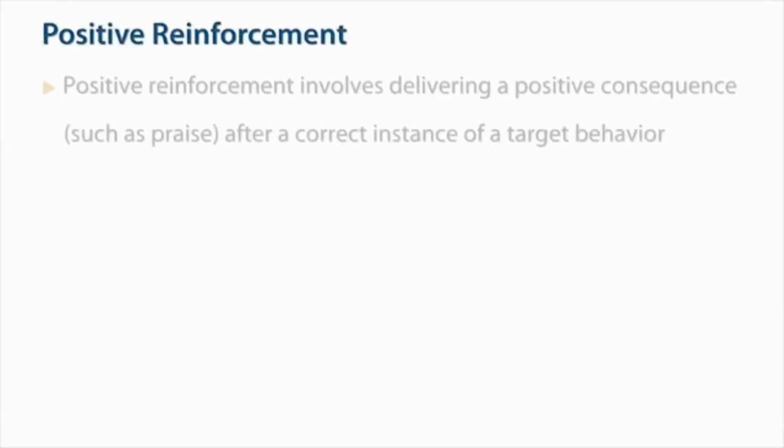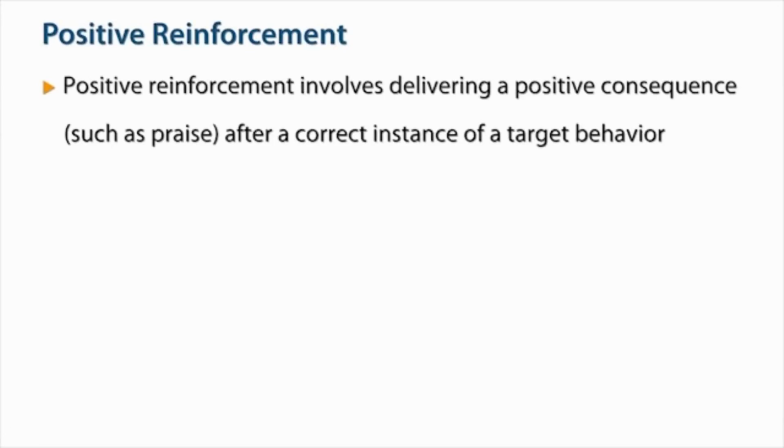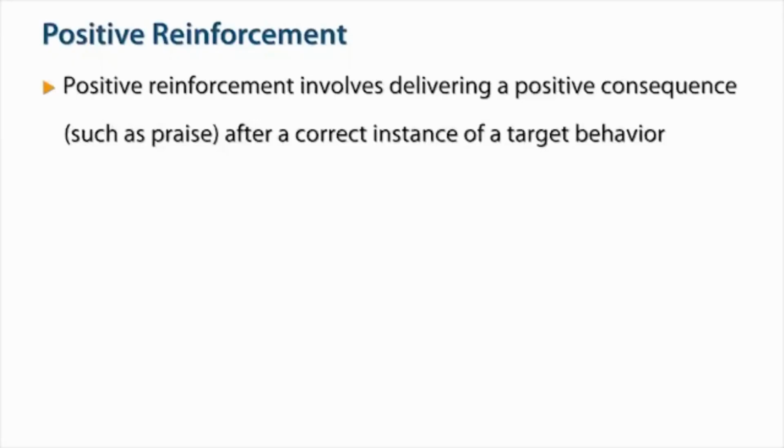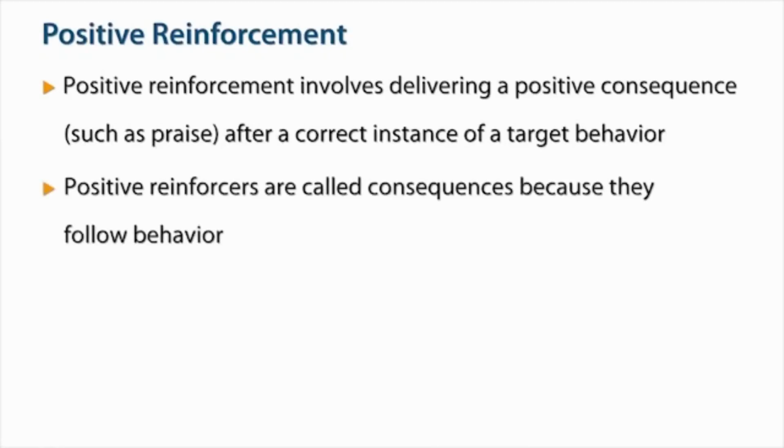Positive reinforcement involves providing a consequence to a student after the student does a skill or behavior correctly. It will be your responsibility to make sure that the student receives a positive reinforcer, such as praise, after the student makes a correct response on a skill that the student's learning. Now, because the reinforcer comes after the target behavior, we call a reinforcer a consequence.